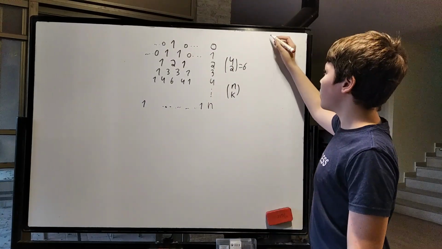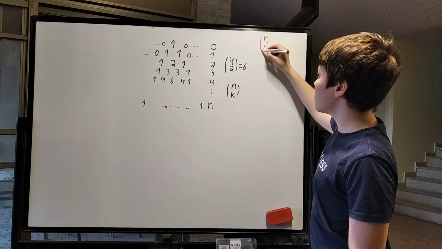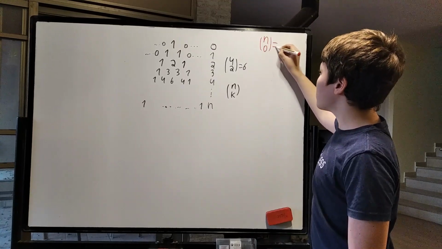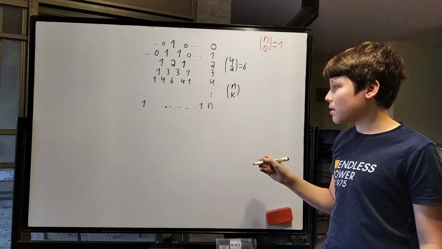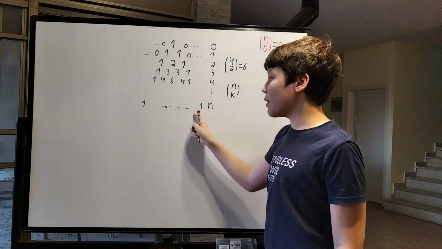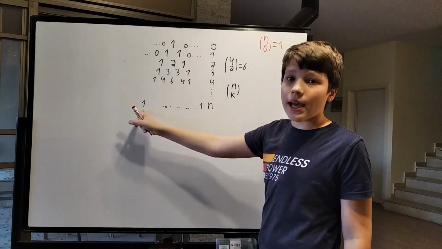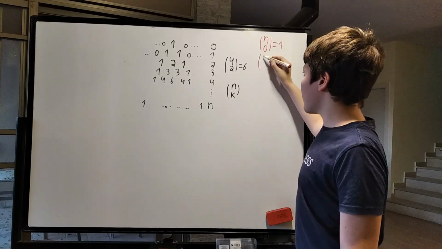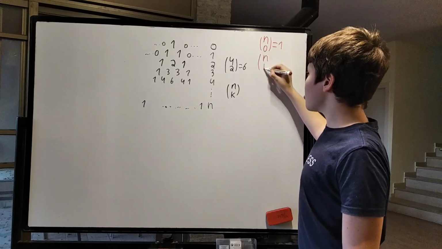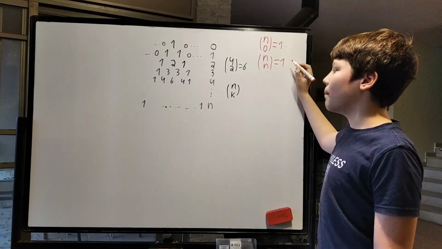So we have n choose 0 equal to 1 always. The next, if we start here and then move n steps, we'll always end up on the other side, which is always a 1. So another property is n choose n is equal to 1.